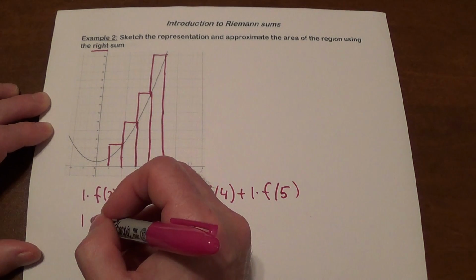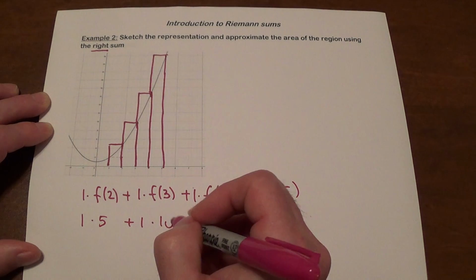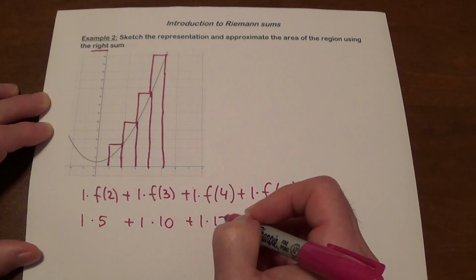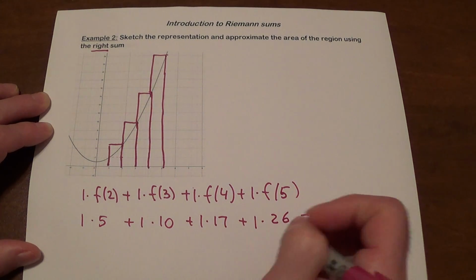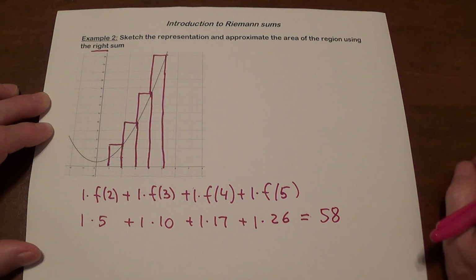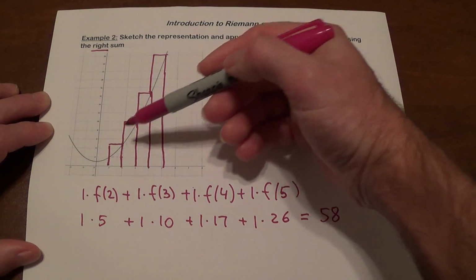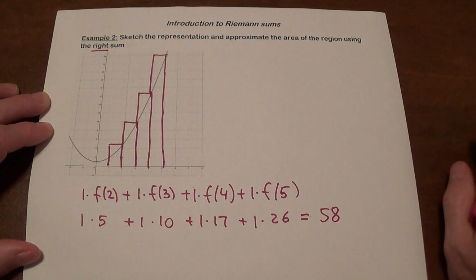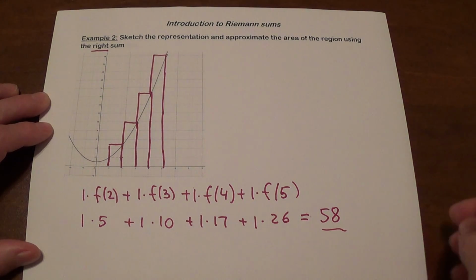So we're getting 1 times 5 plus 1 times 10 plus 1 times 17 plus 1 times 26, and all that is going to equal 58. There's quite a big disparity between that answer and the answer we got in example 1, because in this case it's an over-approximation. We have all these things protruding, and that's why it's more than the actual area. But again, that's an estimate, and that's our answer in this case.